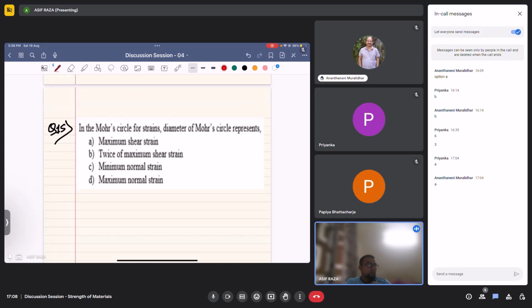Option A is maximum shear strain, option B is twice the maximum shear strain, option C is minimum normal strain, and option D is maximum normal strain. I thought you guys would make mistakes, so let's see. Priyanka said option A. Muralidhar said option B. What about Papia?